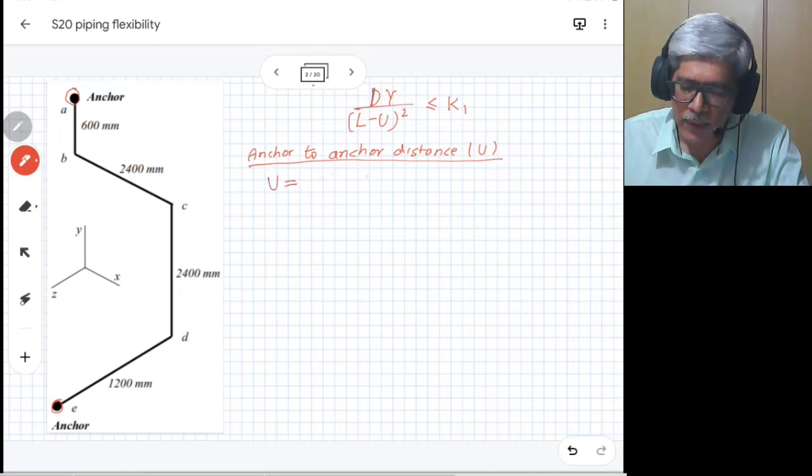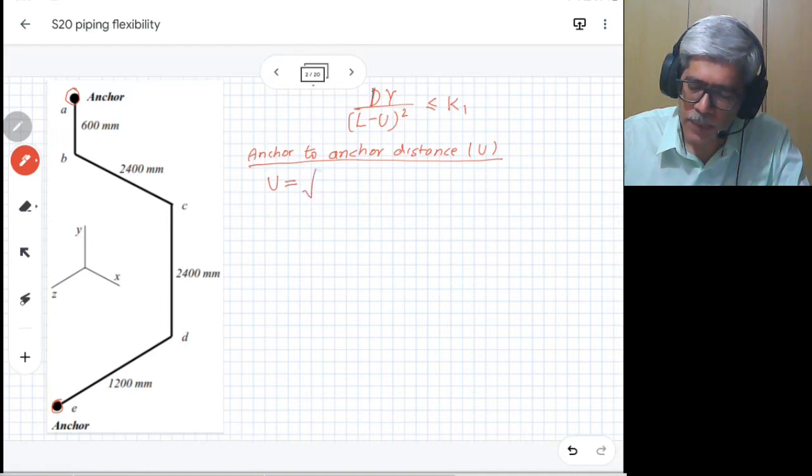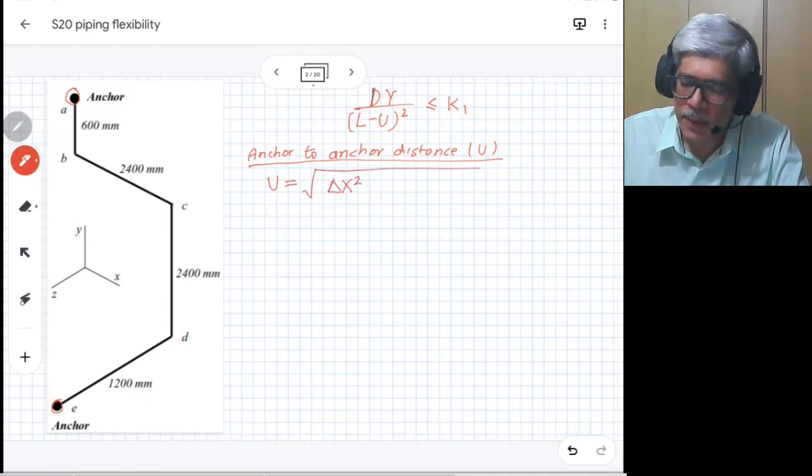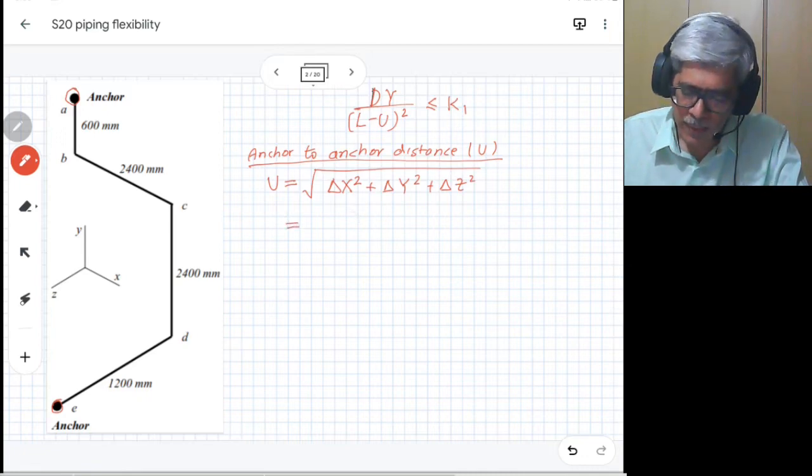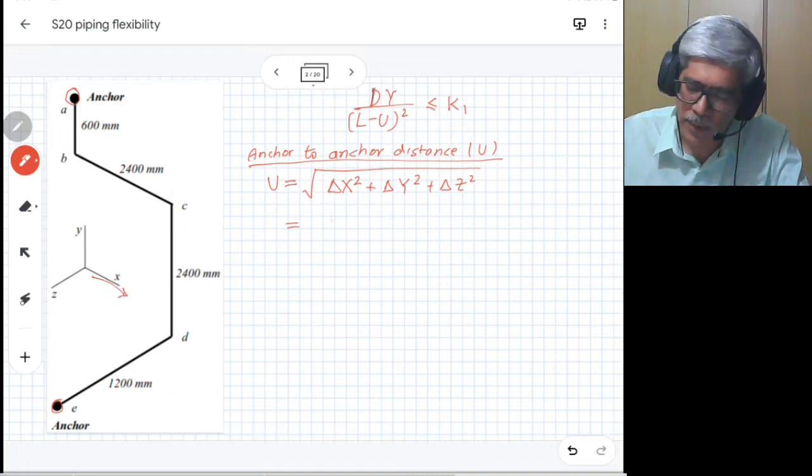So U will be given as the summation of change in x direction, change in y direction, and change in z direction summed up vectorially. So change in x direction. So x direction is as shown here. So in x direction, we have only one leg which is 2400. So we have 2400 square. In y direction, we are having 600 and 2400.